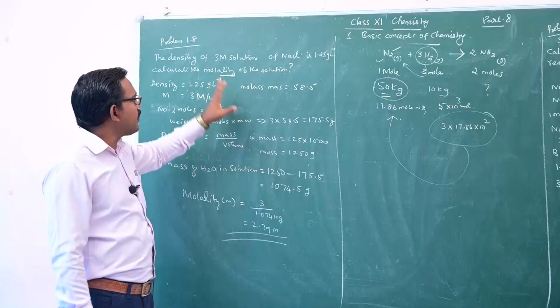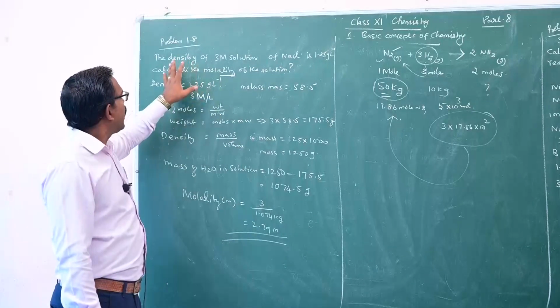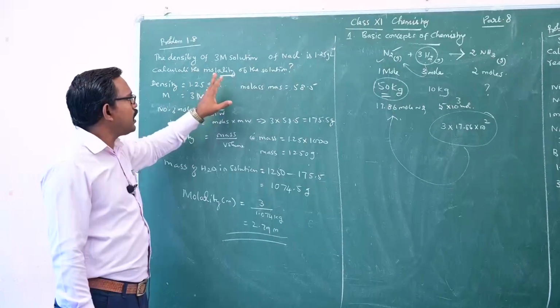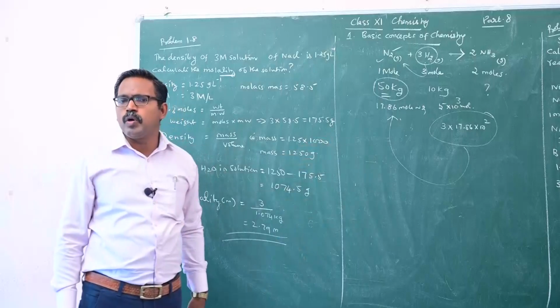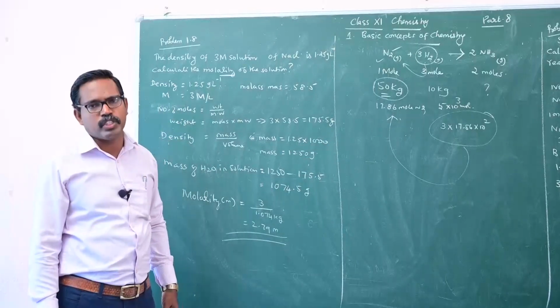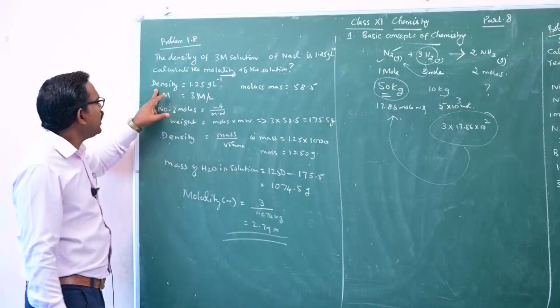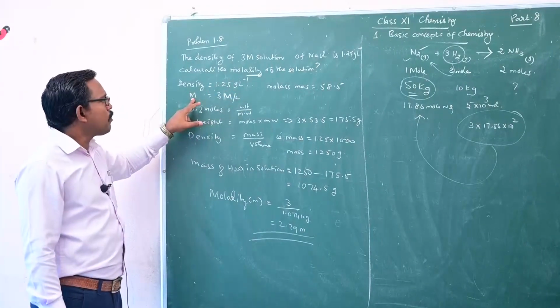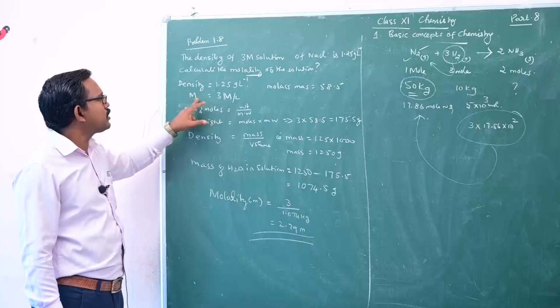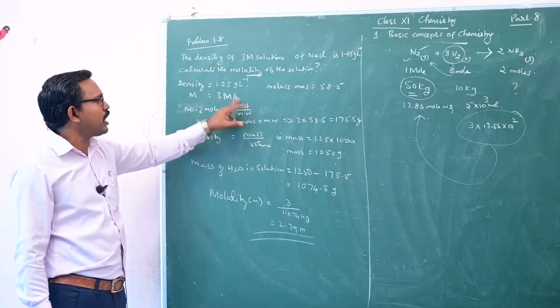Here no other data is available for calculating the molality, only density is given. Density is mass per volume. Density is equal to 1.25 gram per milliliter, and the concentration of the solution is 3 mole per liter.